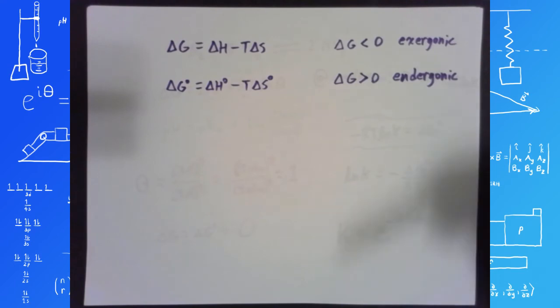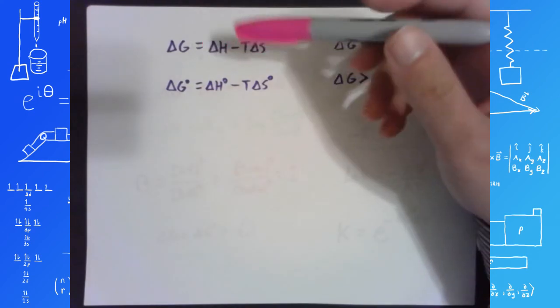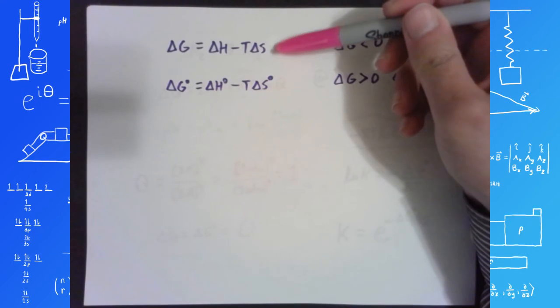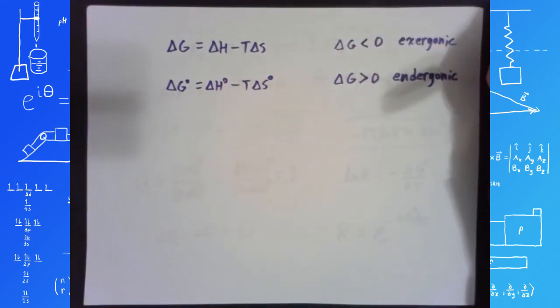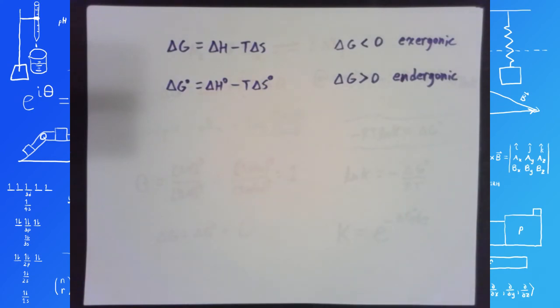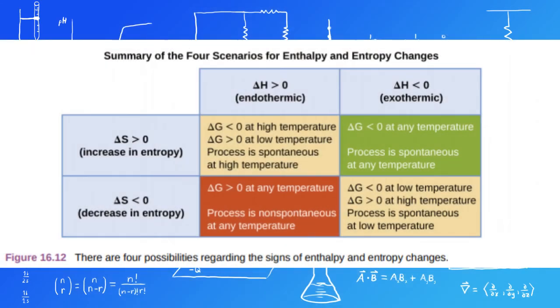Anyway, predicting whether or not a process is going to be exergonic or endergonic based on whether it's exothermic or endothermic and whether it has a positive delta S or a negative delta S. There's 4 possibilities that you could run into, and they're all summarized in this chart. So 4 possible scenarios.